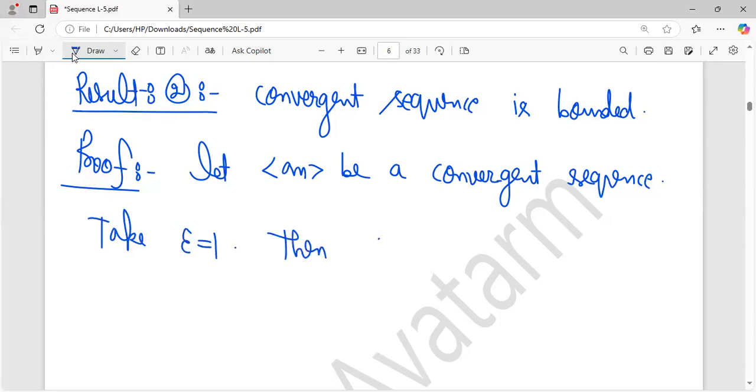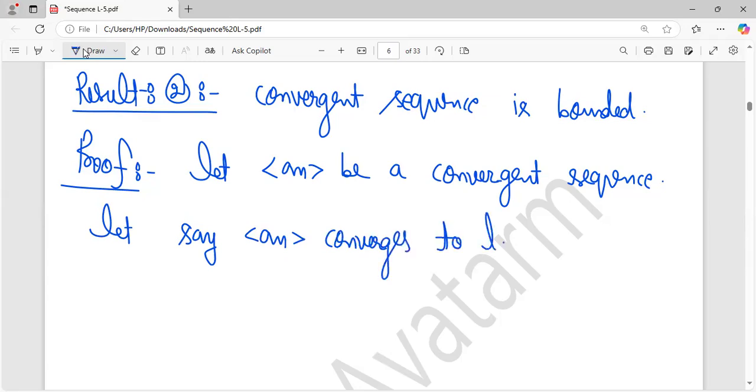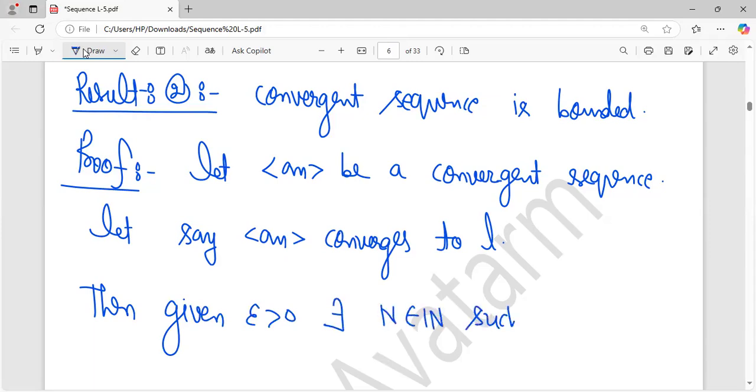Since the sequence is convergent, let's say an converges to L. Then given epsilon greater than 0, there exists a capital N belonging to the natural numbers such that |an - L| < epsilon for all n greater than capital N.